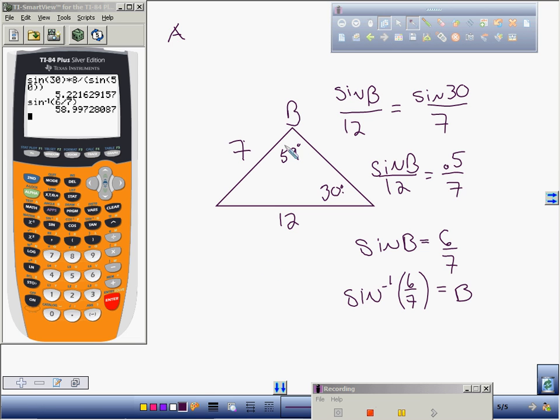And if that's 59 and that's 30, what would this one have to be over here? 59 plus 30, that's 89, so 91 degrees. They will tell you this angle that you're trying to find can be either an obtuse angle or an acute angle, but we're only going to worry about when this angle is acute.